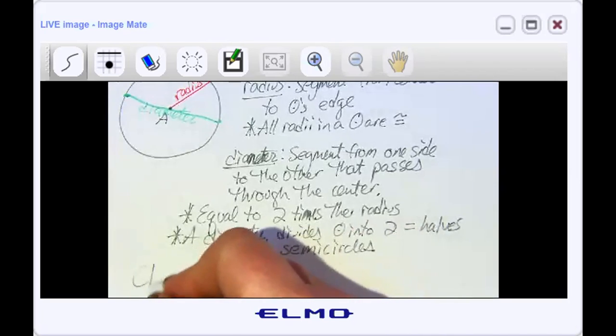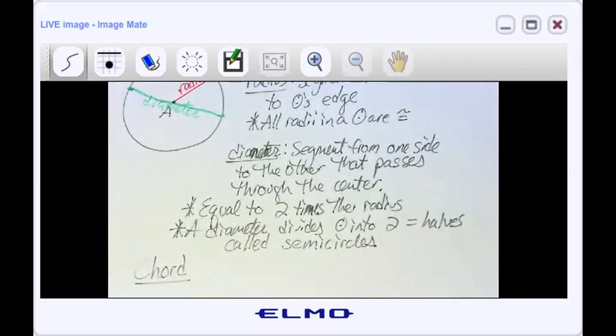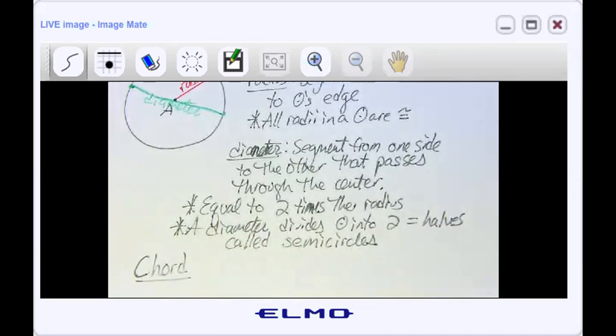So a chord, spelled like chord, I know. It's just a segment with both its endpoints on the edge of the circle. So a diameter is technically a chord because it does have its endpoints on the edge of the circle. It's just a special type of chord that happens to go through the center.